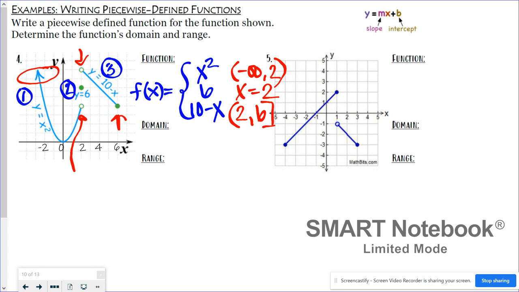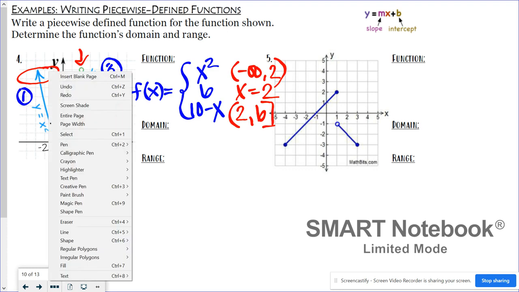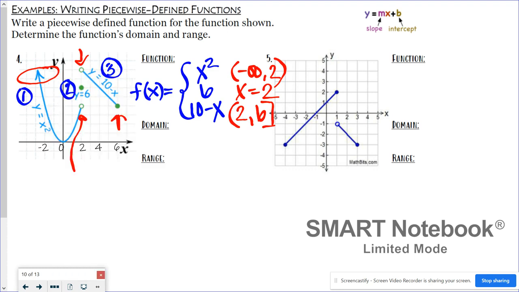Now, when it comes to domain and range, we're talking about the domain and range of the entire function. So our entire function does go left forever, so negative infinity. There is some weirdness going on at x is equal to 2, but it is solid there, so I don't have to stop.